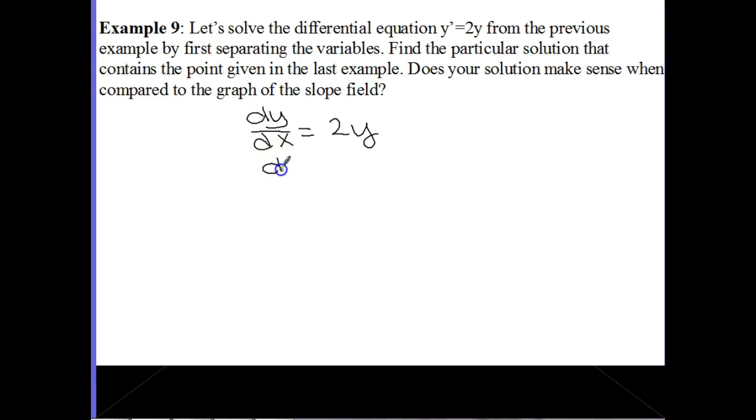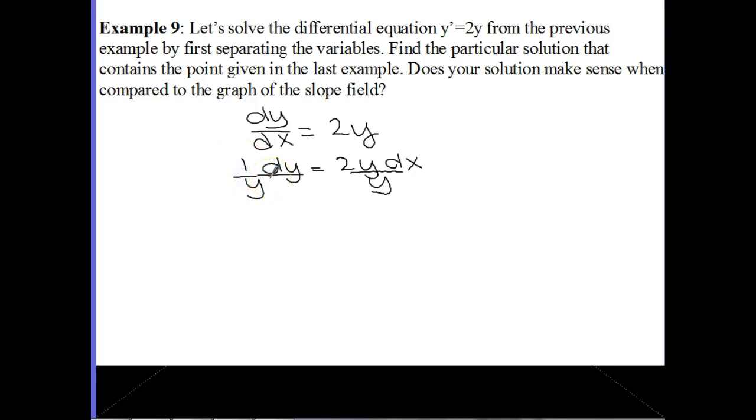So you'd still multiply by dx on both sides, and then divide by 2y, or you can choose to divide by y. Now I personally would only divide by y, because that would just leave you with y equals.